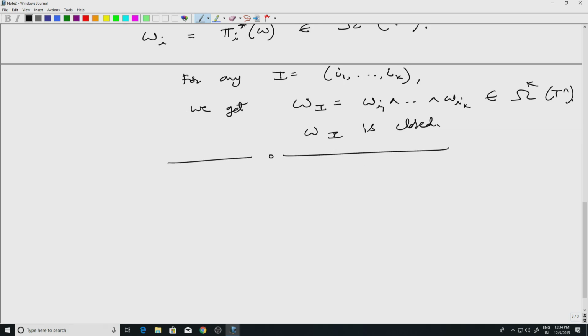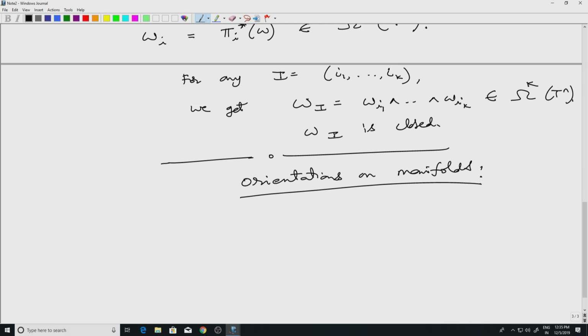Now at this point, I would like to move on to a different aspect of manifolds. This is the concept of orientation. Orientations of manifolds. And I'll have to end the course after this discussion of this topic.